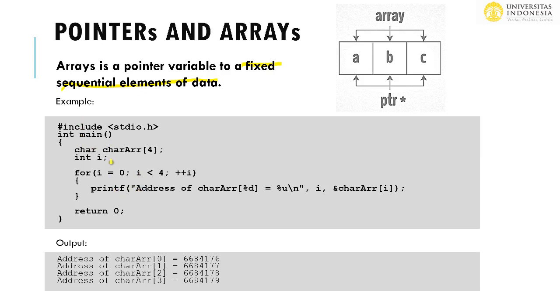Here you still remember that if you want to use an array, you have to declare the size in the square brackets here. And if you want to print the address of those arrays, you can see that the address can be printed just by mentioning the ampersand sign, the address operator, with the array and the index.